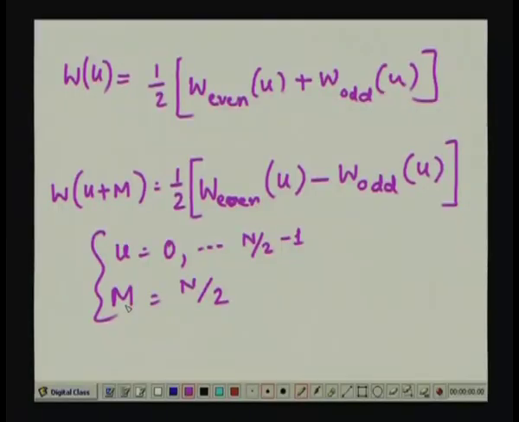Here we divide all the samples for which the Walsh transformation has to be taken into even numbered samples and odd numbered samples, compute the Walsh transformation of the even numbered samples, compute the Walsh transform of the odd numbered samples, then combine these two intermediate results to give you the Walsh transformation of the total number of samples. And because this division can be recursive, first I have N samples, I divide them into N/2 odd samples and N/2 even samples.